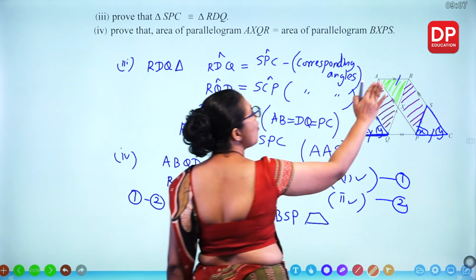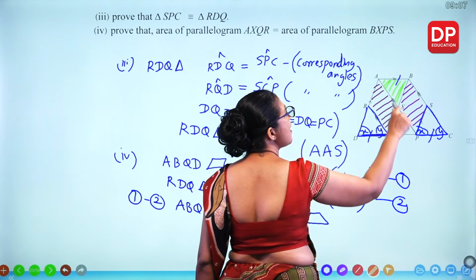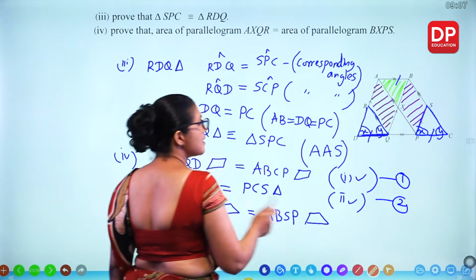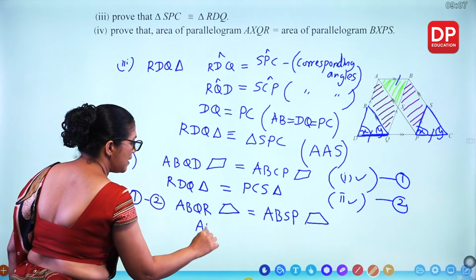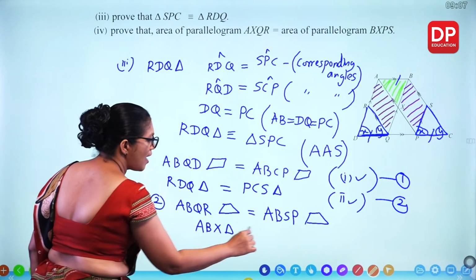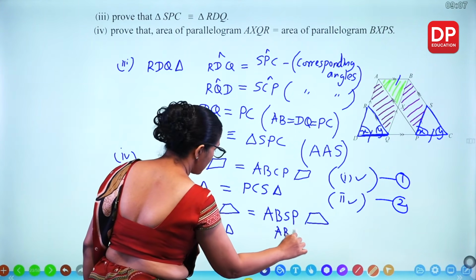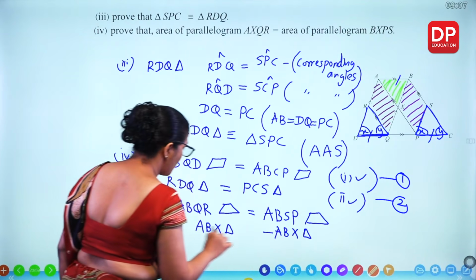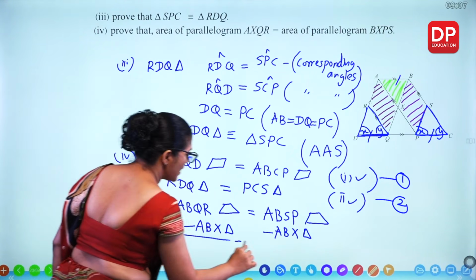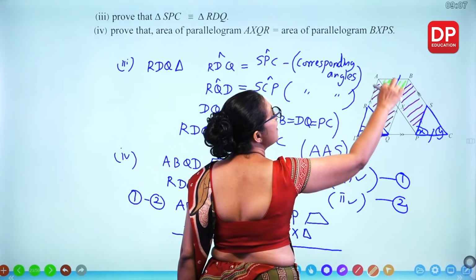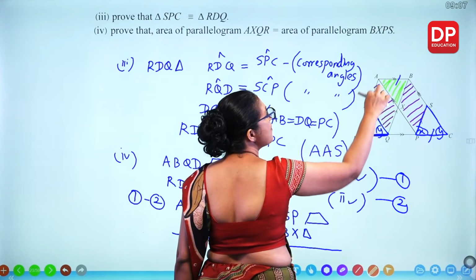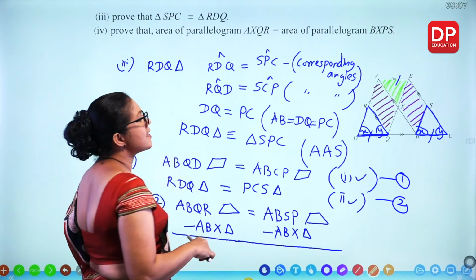Now again I want to remove this area from both sides. Triangle ABX, the area of triangle ABX I want to remove from both sides. So when I remove from both sides, what do I get? This trapezium, and when you subtract this area, I am getting AXQR.